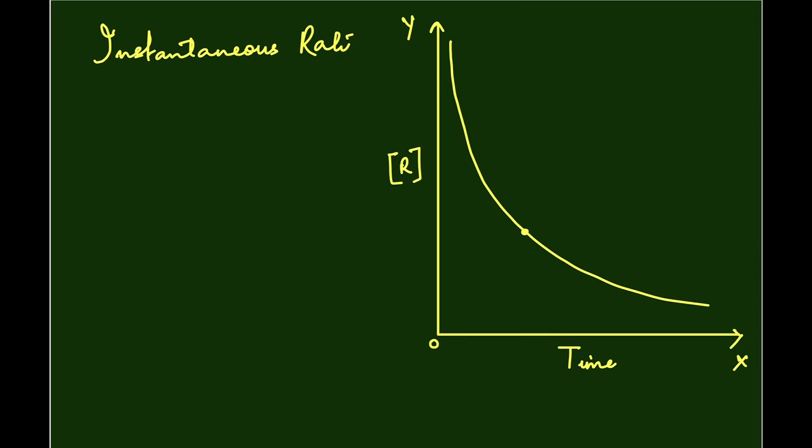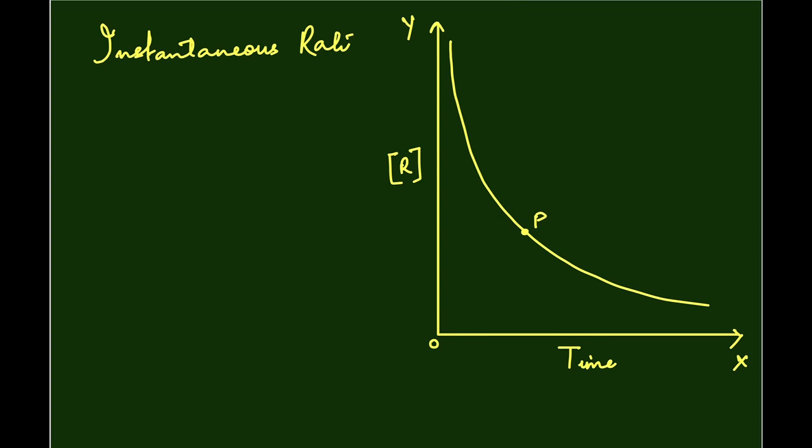And the graph shows a decreasing trend of the concentration of the reactants as we had discussed earlier. So to calculate the instantaneous rate, let us take a point P. At this point P, we have to calculate the rate of this reaction.